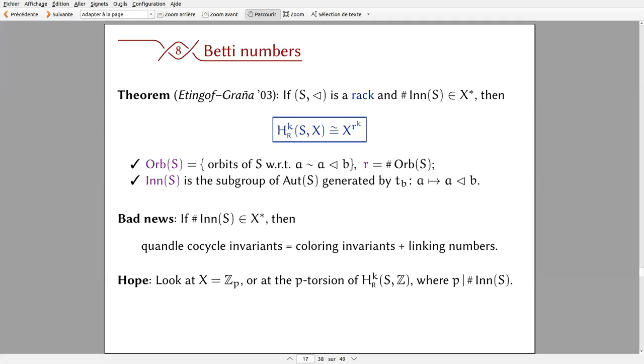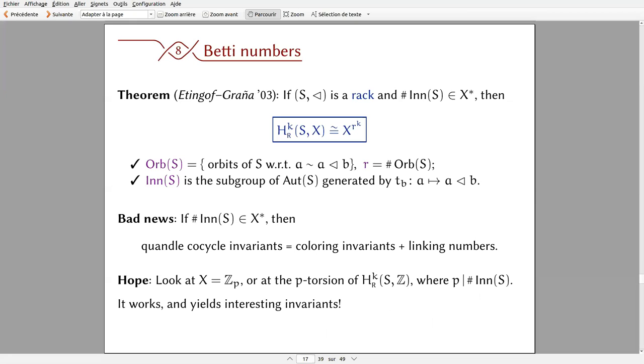But there is some hope, and the hope is to get some interesting things when this technical condition fails. Typically you'll need either to take as coefficients the integers modulo p, or take, for example, integer coefficients and look at the p-torsion of your homology, where p will be a prime divisor of the size of this group of inner automorphisms.